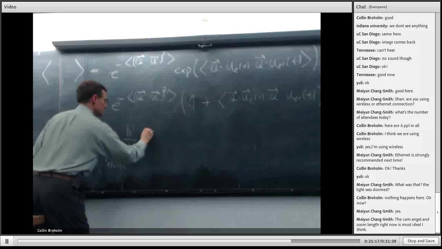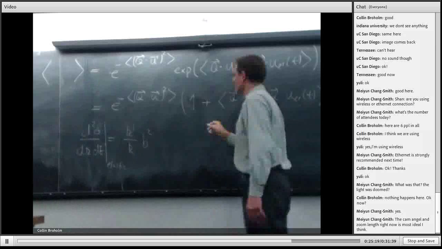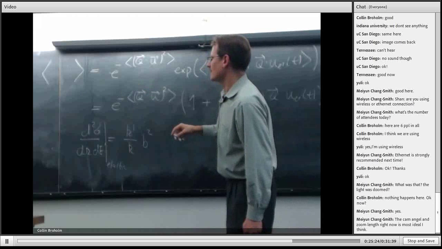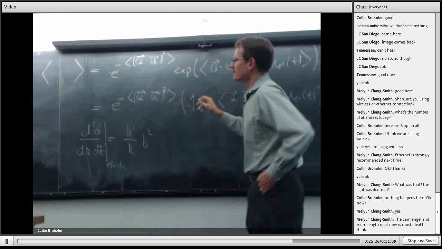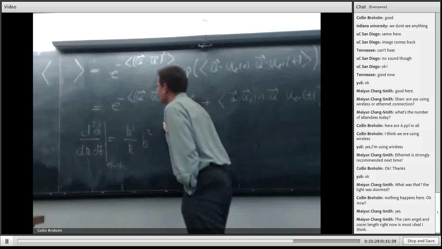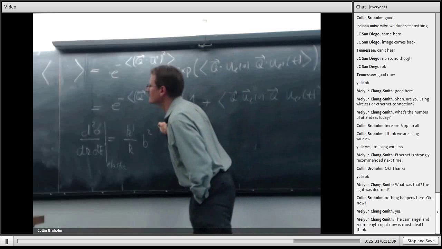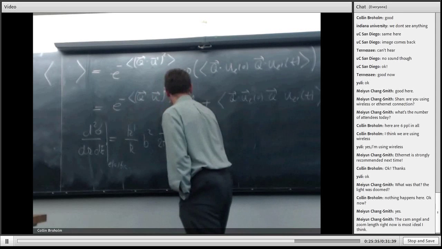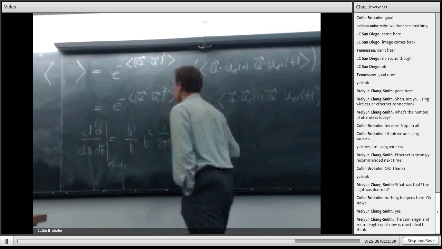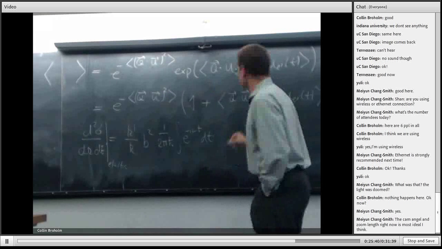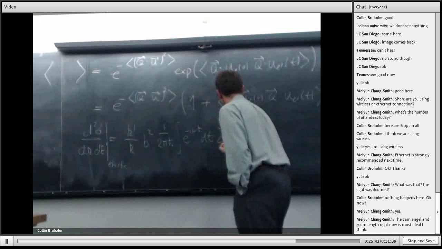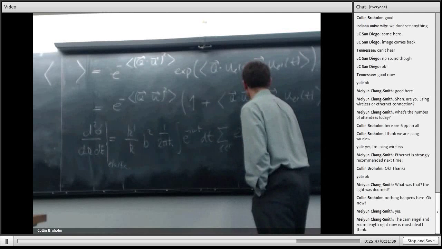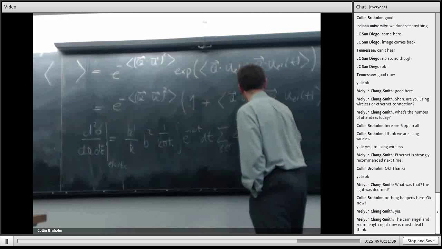There's a b squared, and then I have 2 pi h bar, the integral of e to the minus i omega t dt, that's my time integral, and then I have my summation over l prime, and I have my famous phase factor that we've become accustomed to.